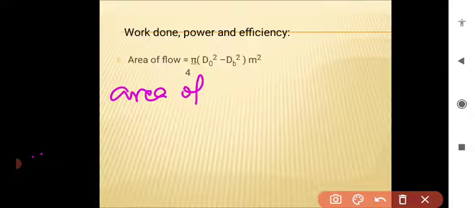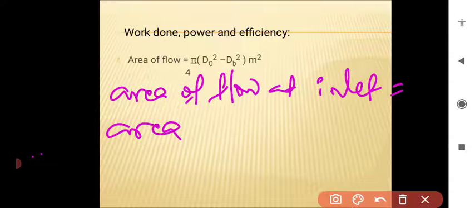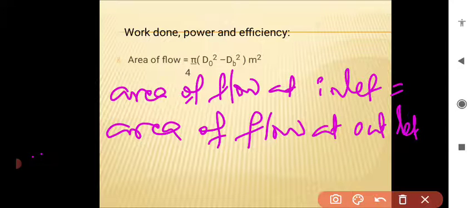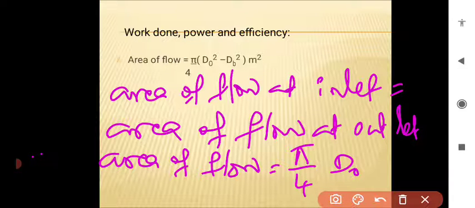That is equal to area of flow, which is pi by 4 into (d naught square minus db square).